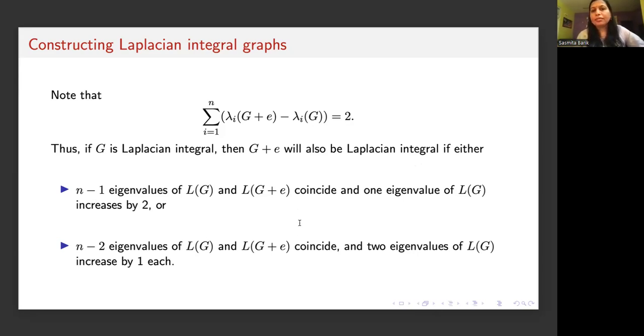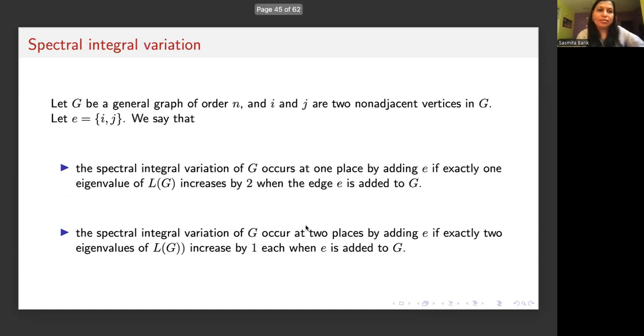And these two things, we already know, are known as spectral integral variation. If you are given any graph, it can be a general graph, and you can also take loops.